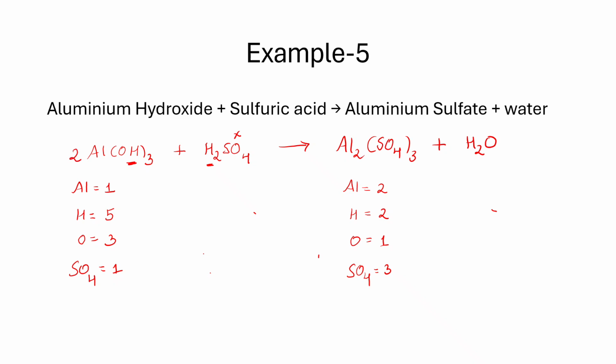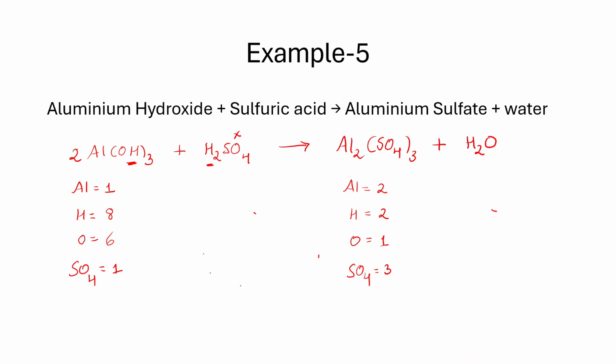Now this actually also converges well with the odd numbered approach, because if we multiply the number 2 with Al(OH) whole thrice, it also changes the number of hydrogen atoms here to 2 times 3, which is 6. So that changes the number of hydrogen atoms to 8 over here. I hope you're able to get the picture. Similarly, that also changes the number of oxygen atoms from 3 to 6.